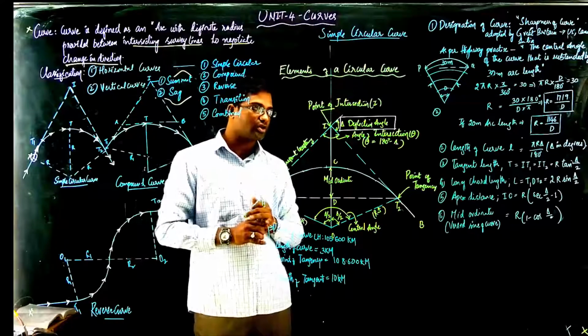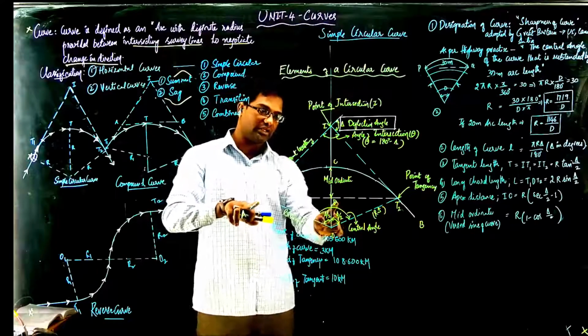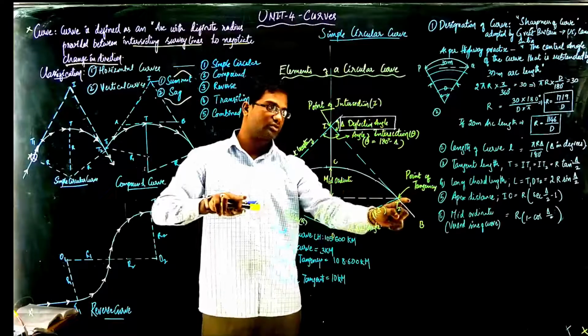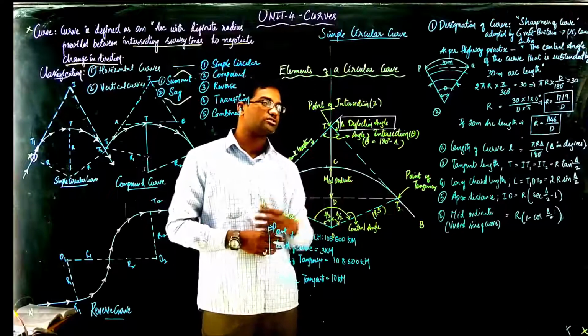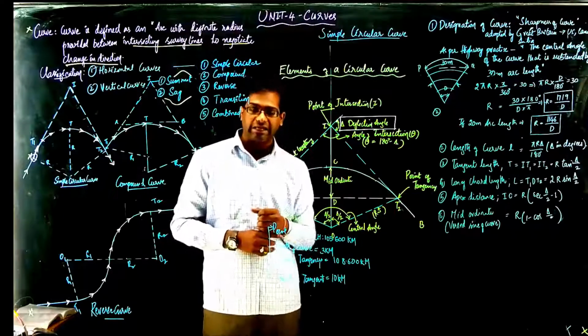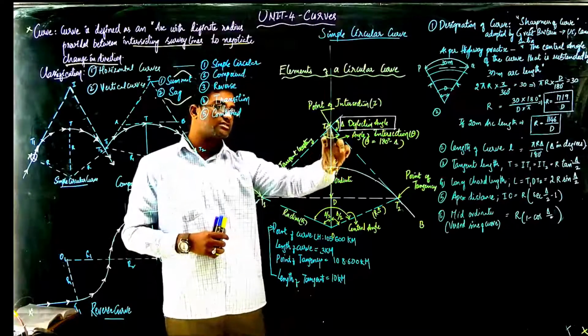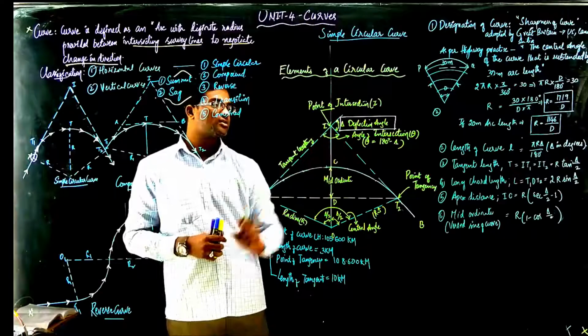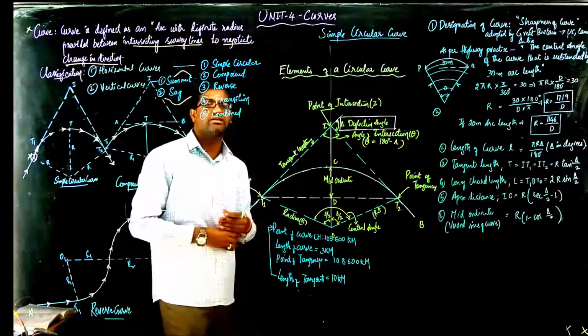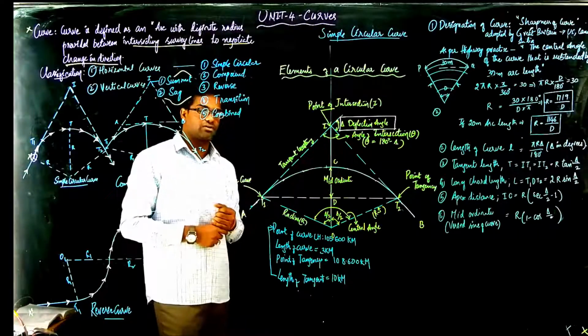What is long chord length? Long chord length is T1 D T2, from here to here, which is given by 2R sin delta by 2. What is apex distance? Apex distance is given by R into secant delta by 2 minus 1.